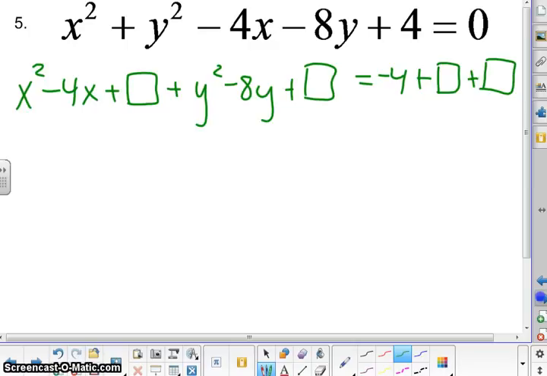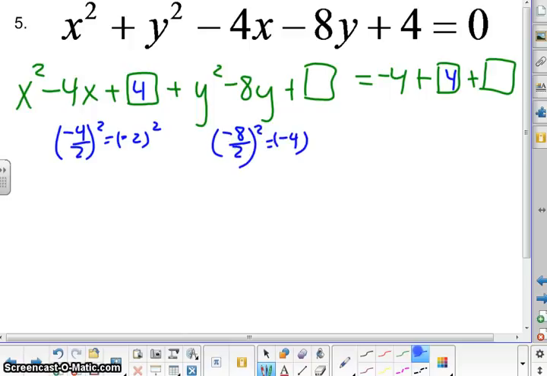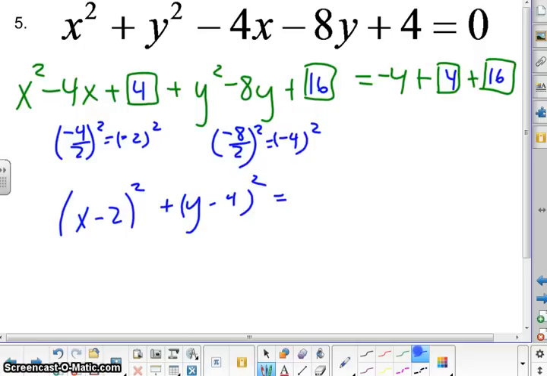Okay, so what we're going to fill into those are -4 equals -2 squared, so a 4 is going to go here and in the back. -8 over 2 and squared, that's -4 squared, so that's 16. All right, for an answer of x minus 2 squared plus y minus 4 squared equals 16. So the center point must be 2, 4, and the radius has to be 4.